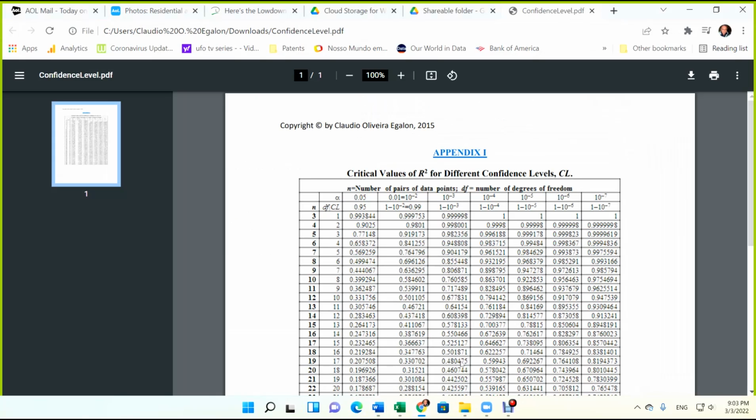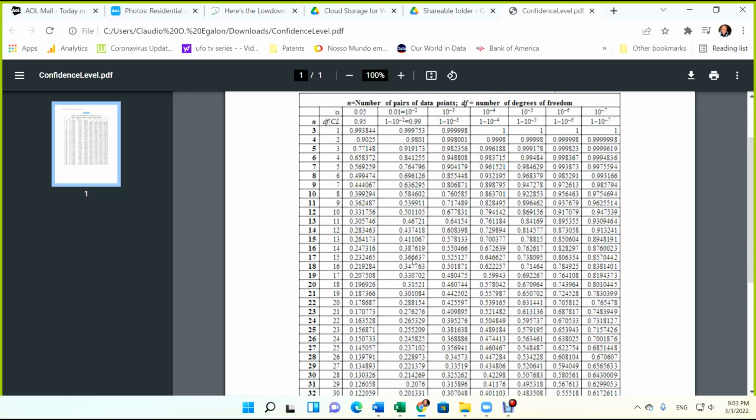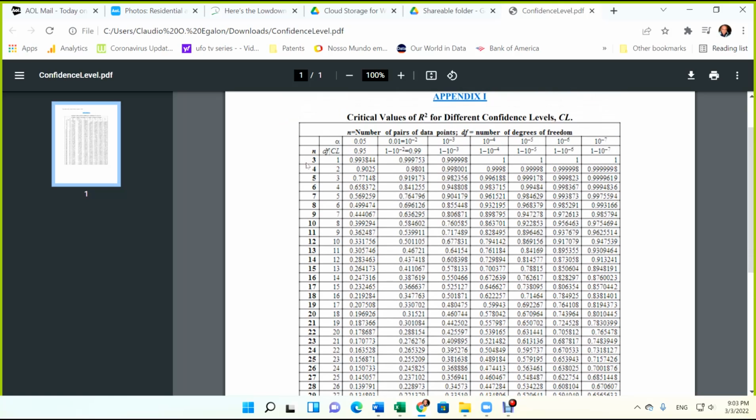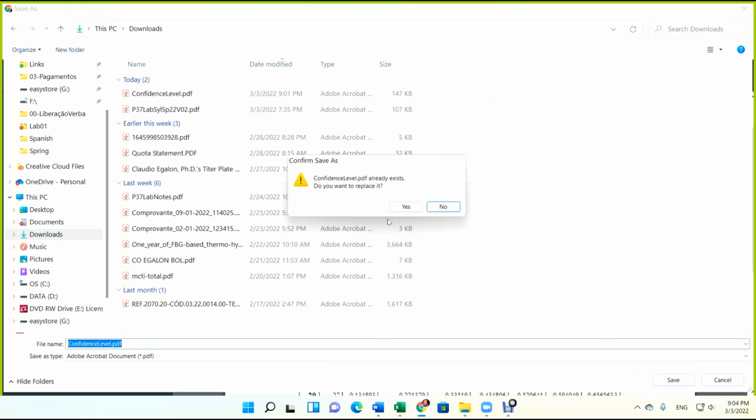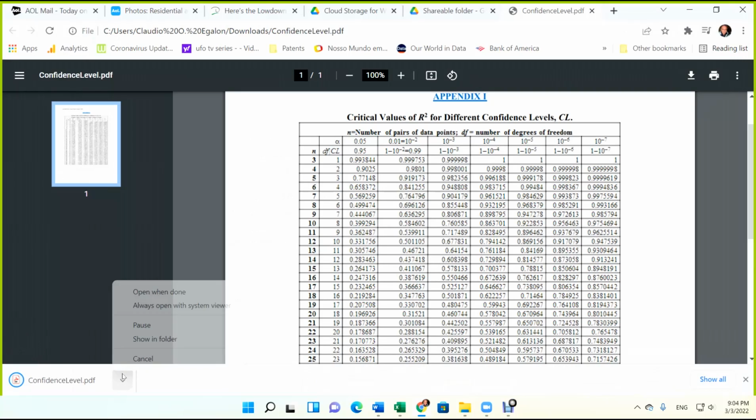Here the table. Note that we have n here. N is the number of data points. Okay, so let's see. Let me get to my download. Here you go.